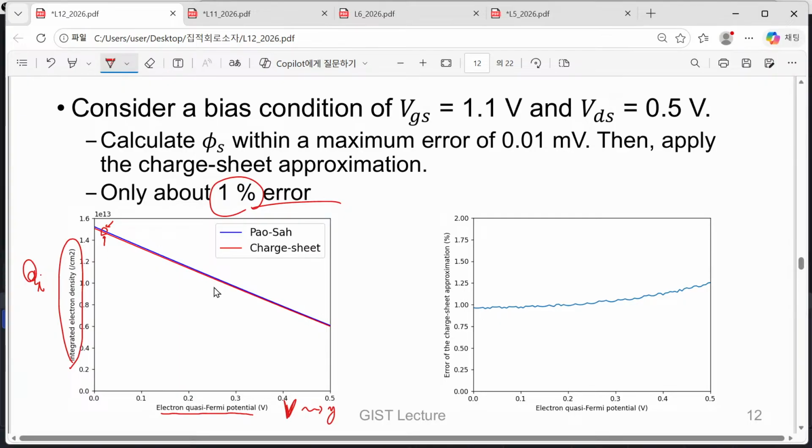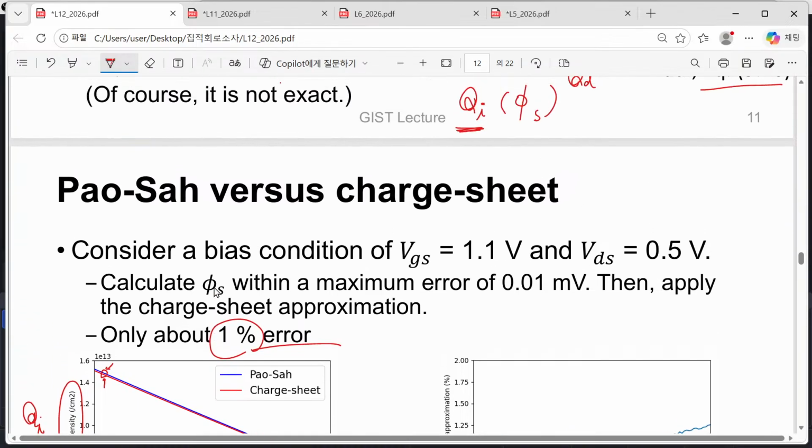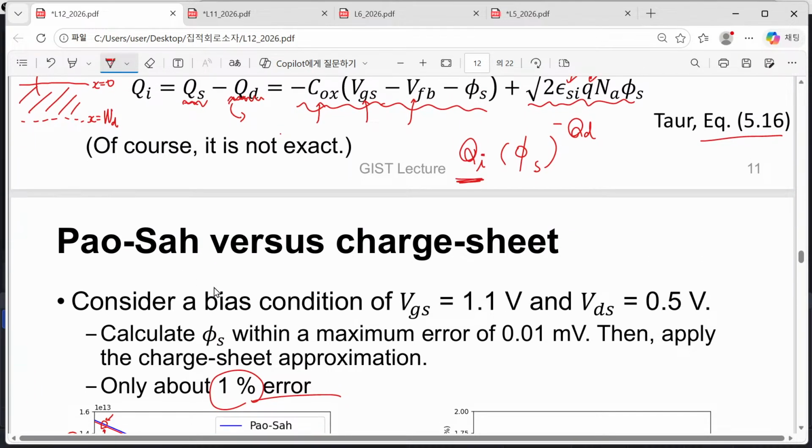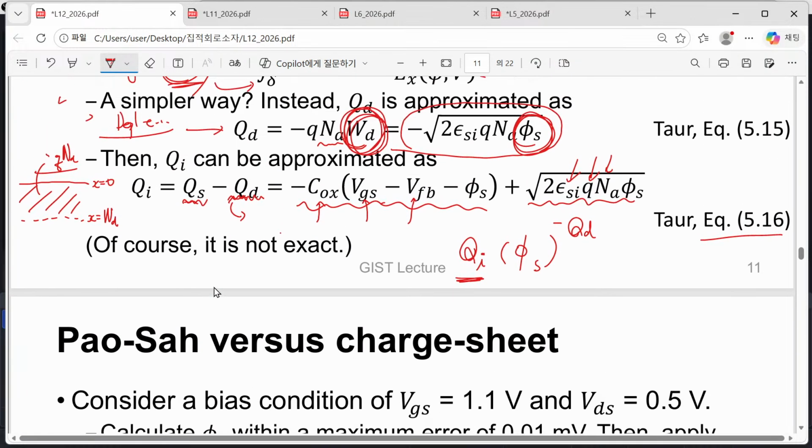Then you can ask me this question: why do we have such a good result? Too good to be real, but it is because you know that the expression for our Q sub S, this one is really exact. Q sub S should be given as this expression.